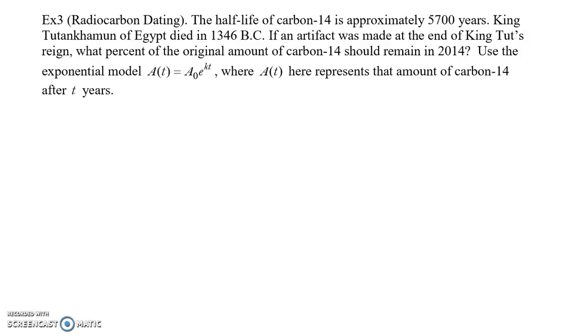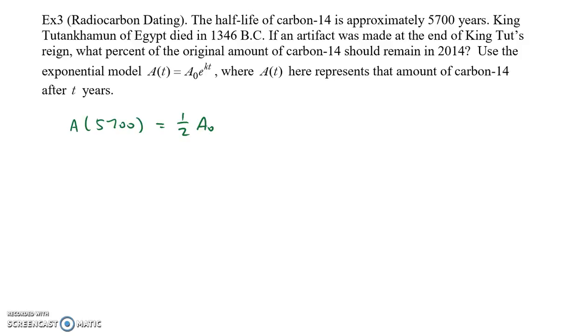The principle is that the amount of carbon-14 present, A(t), after the half-life elapses, that is, at 5,700 years, A(5,700) is 1/2 of whatever the initial amount A0 would have been. We can leave that as an unspecified quantity.